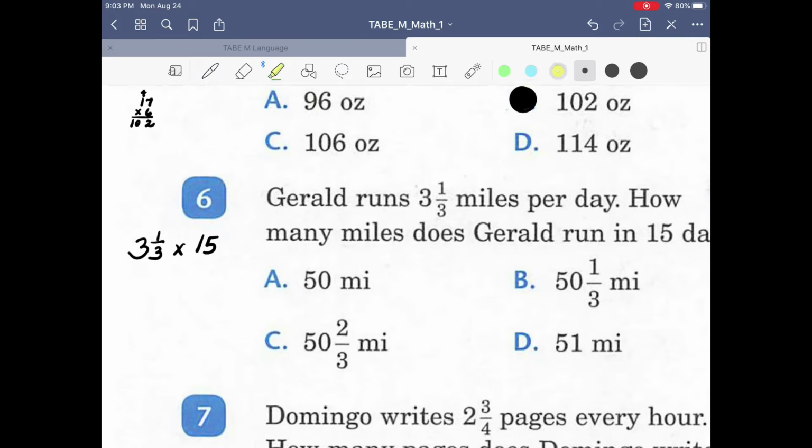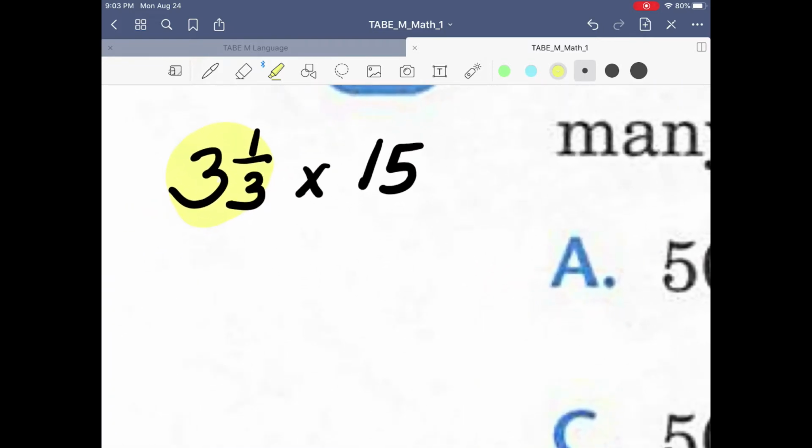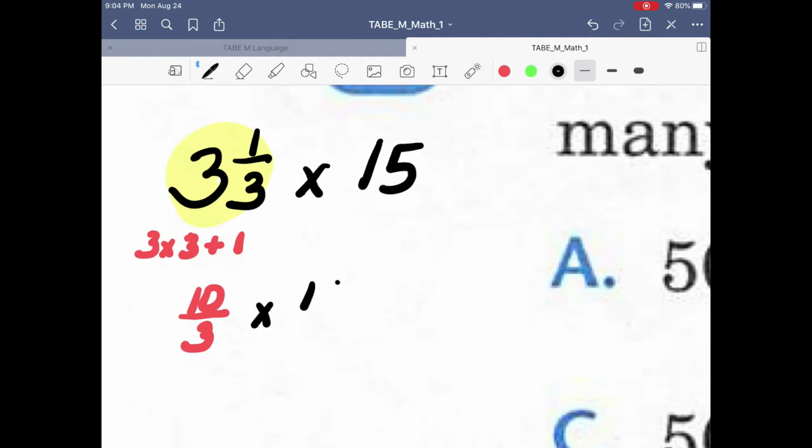We need to do our conversion on the 3 1/3. So we're going to say 3 times 3 is 9. Add that 1 to get 10 and keep the 3 as your denominator. Then times 15 over 1.